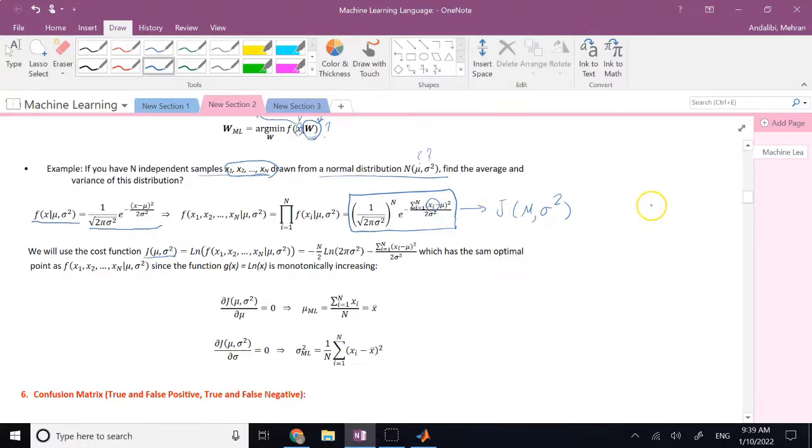So if I just focus on mu, let's say, this function, and I plot J versus mu, it can have what? It can have some value here, some value here, some value here, some value there, up, down, and so on and so forth. And I want this point, the mu for which what? This function is at the highest chance, correct? Of course, the function also depends on the xi's.